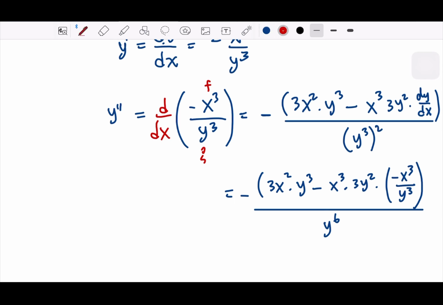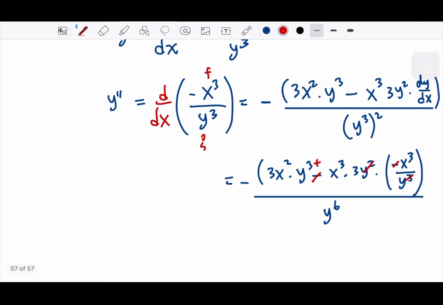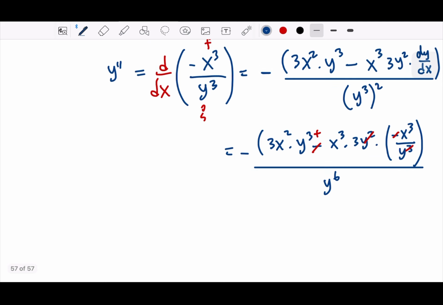So it will cancel, so this will be plus over y. So this will be 3x squared y cubed plus 3x cubed, or x to the power of 6 over y.